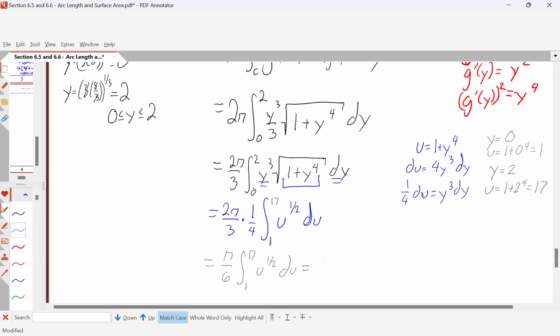Adding 1 to 1/2, we get 3/2. And dividing by 3/2 is multiplying by 2/3.